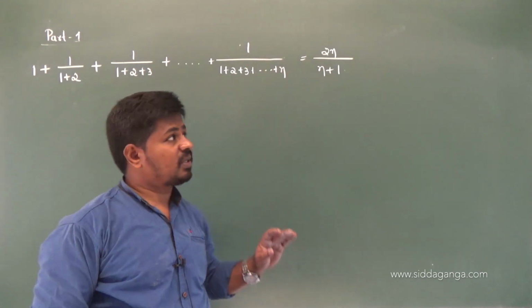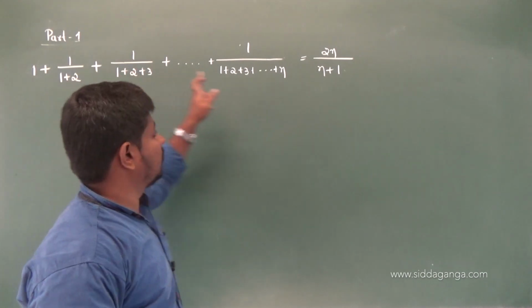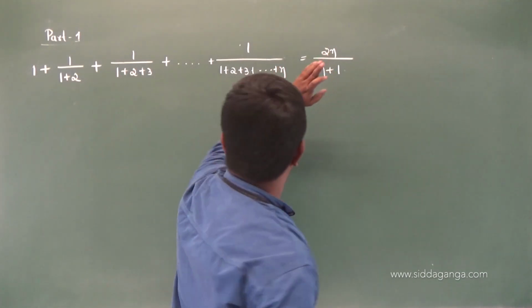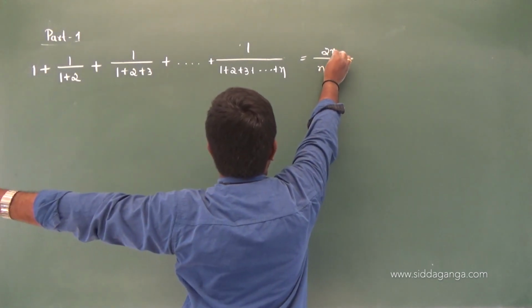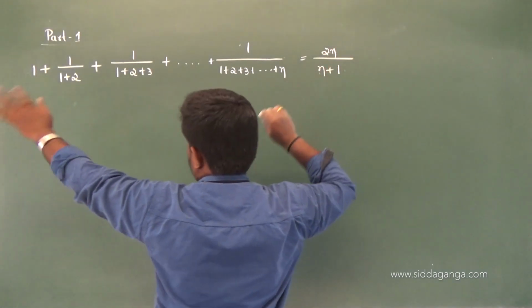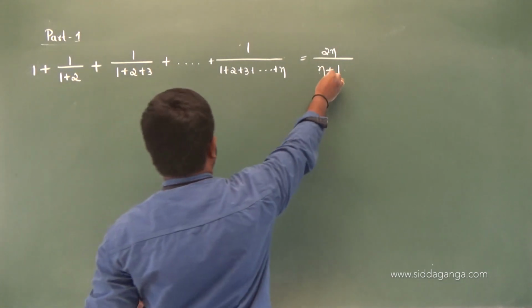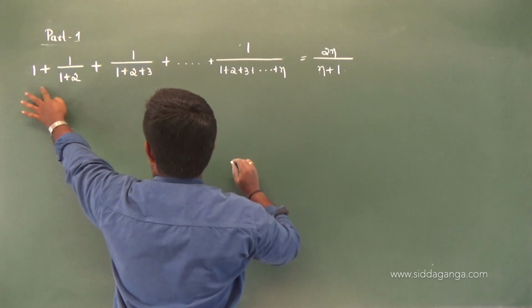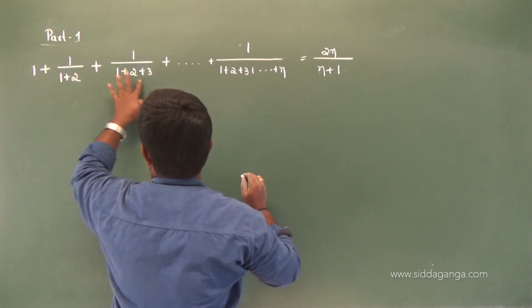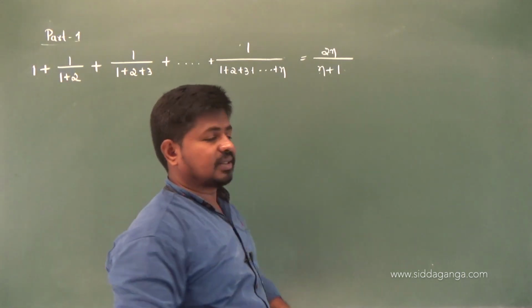When n is 1, replacing n is equal to 1, you get 2 by 2, you will get 1. When n is 2 it gives the sum of these two terms. When n is 3 it gives the sum of the first 3 terms, that's it.